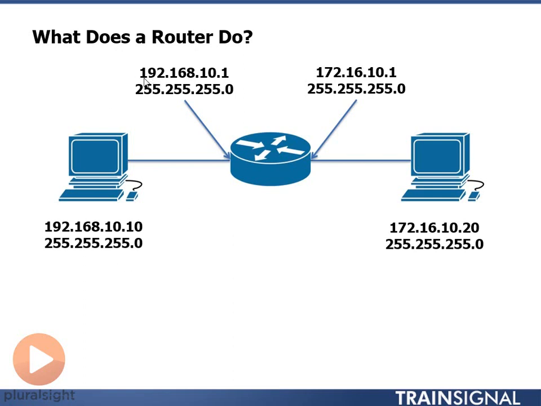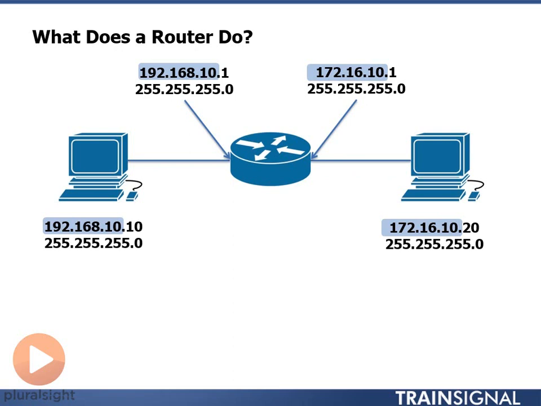My router is assigned 192.168.10.1 here, which has the same network portion as my PC on that side of the network. So now I have a device on both sides of the network where both PCs can talk to the router. Both PCs have an IP address on the router they can communicate with.